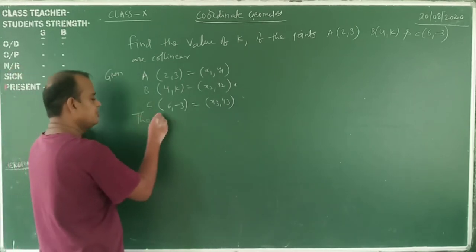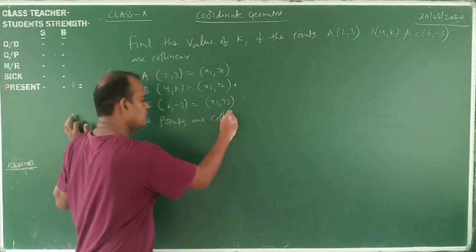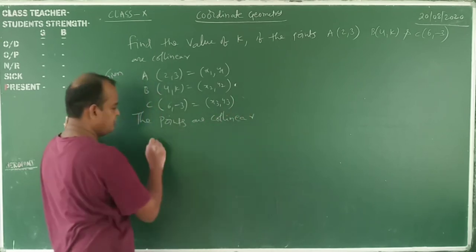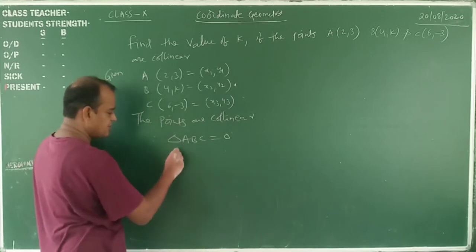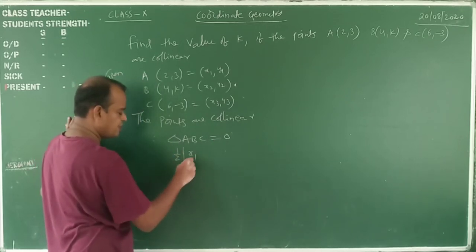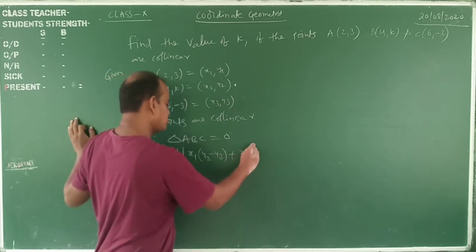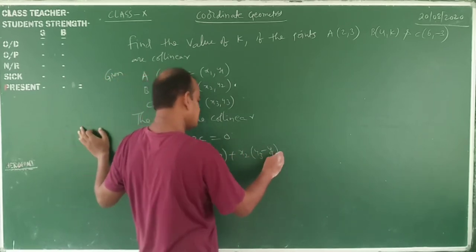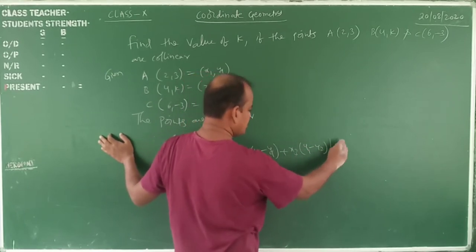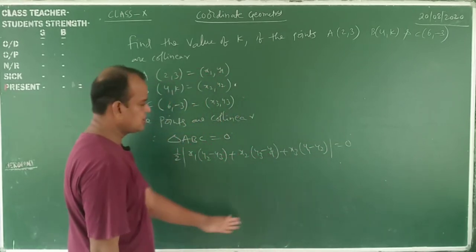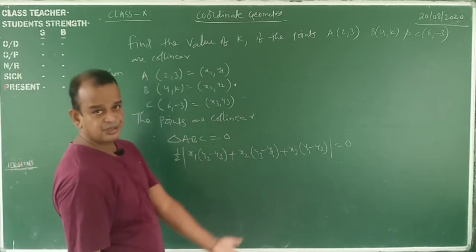The points are collinear, therefore area of triangle ABC is equal to 0. That is half into modulus of x1 into (y2 minus y3) plus x2 into (y3 minus y1) plus x3 into (y1 minus y2) is equal to 0. Now 1 by 2 goes to that side, that is also 0. Now substitute the values. The modulus is plus or minus 0, means 0.